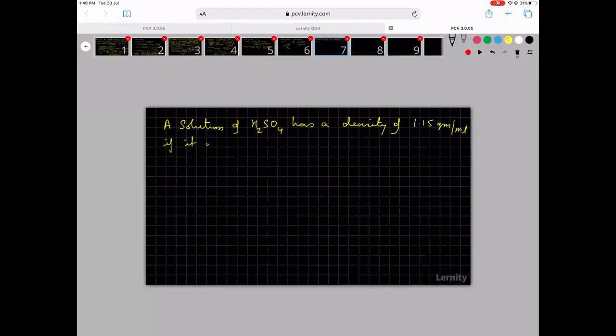If it is a 1.5 molar solution, what is its molality? A solution of H2SO4 has a density of 1.15 grams per ml. If it's a 1.5 molar solution, what is its molality?